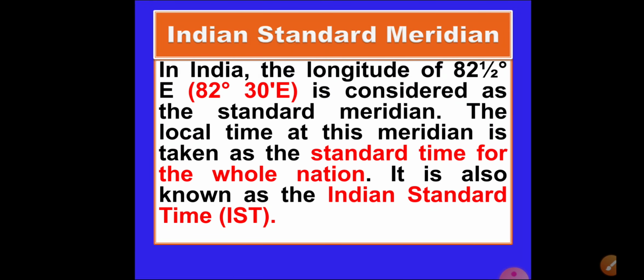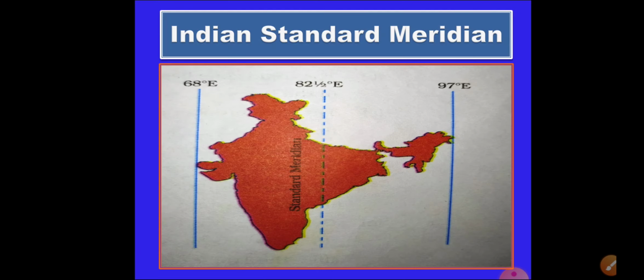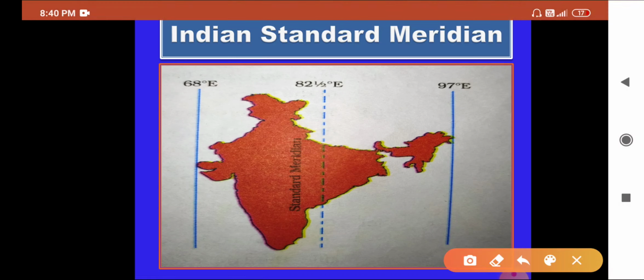Okay, now we have one important part in this chapter about Indian Standard Meridian line. Here you can see on the map one line is passing through the center of the earth from north to south. This is longitudinal line. Okay, so from this Gujarat coastal area till Arunachal Pradesh region we have around 30 meridians of longitude.